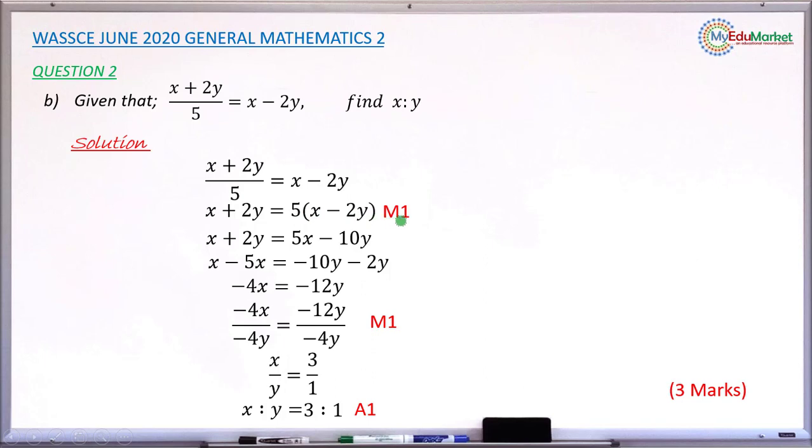Trying to simplify that up to the end where you now divided both sides by -4y, you have this method 1 mark. Final mark is the accuracy 1 mark when you now write the ratio of x is to y exactly as 3:1. You have this accuracy 1 mark. So in total, this question number 2B, if everything is correct, you have 3 good marks.